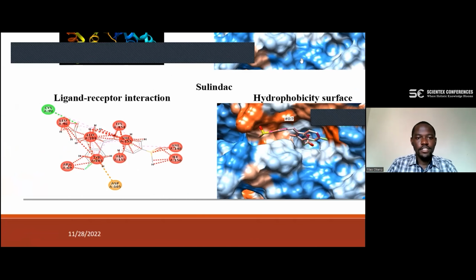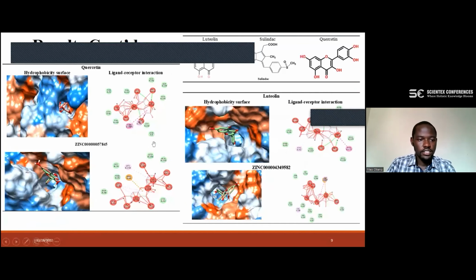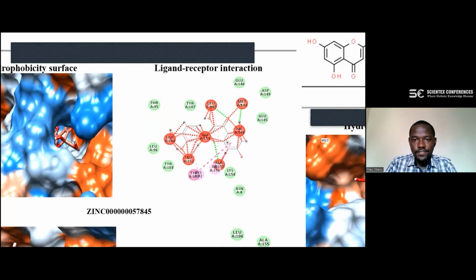So comparatively, if you look at quercetin, we can see the same valine interacts with the carbonyl moiety at this point, this bond here, but not the alanine.